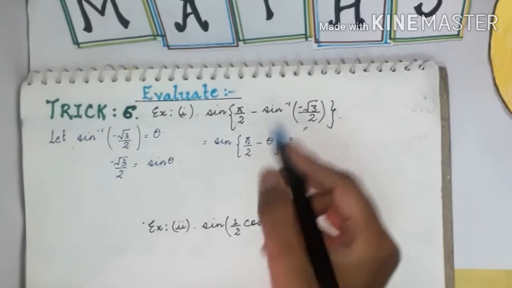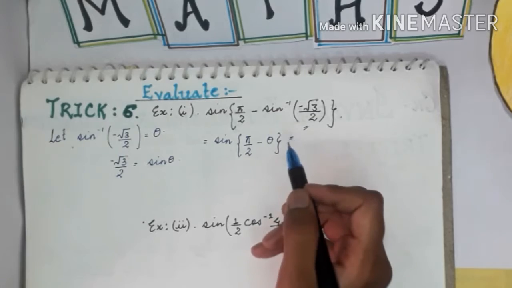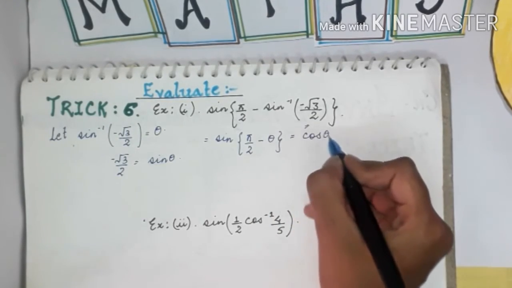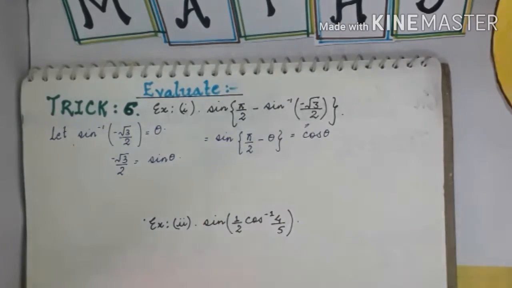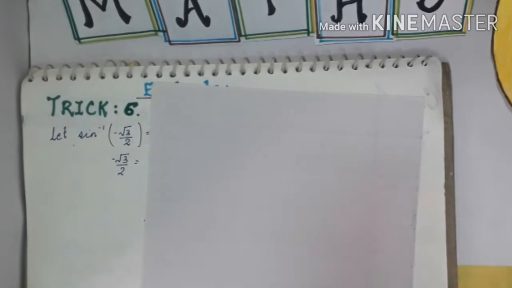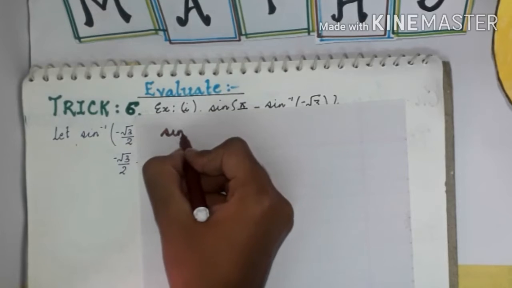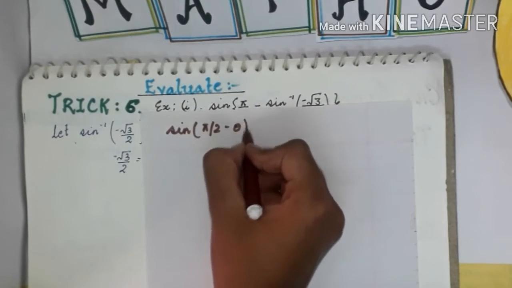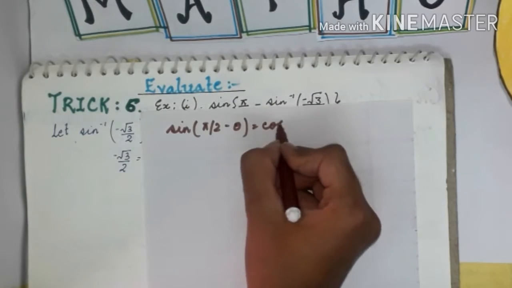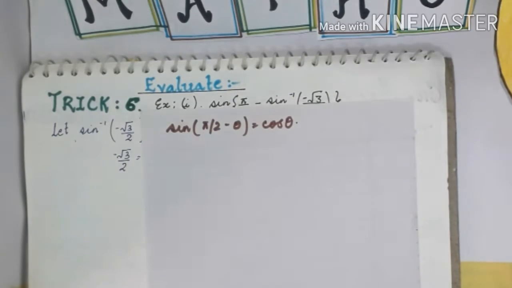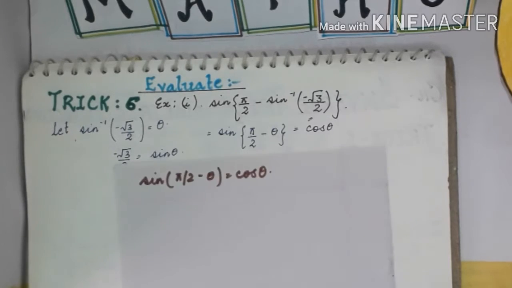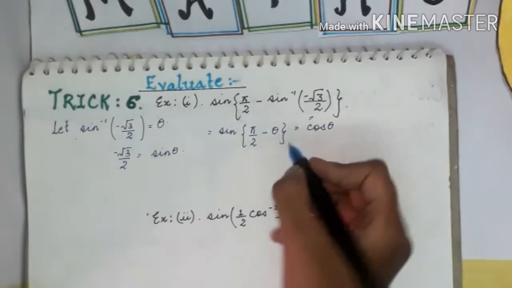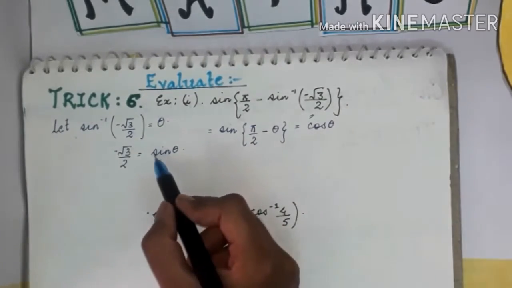So let's write. Now see, sine of pi by 2 minus theta is cos theta. This is an identity. Sine of pi by 2 minus theta is equal to cos theta. It's an identity that you must have learnt in class 11th. Okay, so here you have sine theta.